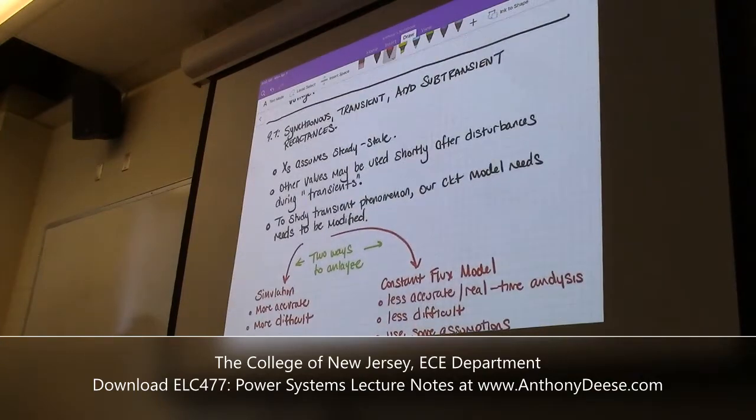And then lastly, our discussion of synchronous, transient, and subtransient reactances, which is sort of its own animal. And on top of that, I would go through and review some of the material related to magnetics from the lecture before the March 28th lecture.